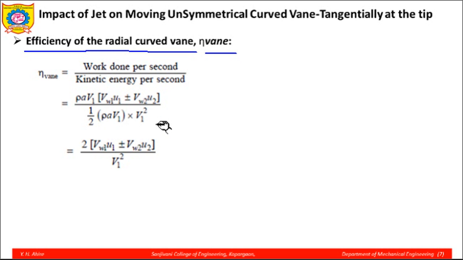So cancel the rho and a from numerator and denominator, also velocities. This is the formula of efficiency of a vane, of a wheel system. That is nothing but 2 into (Vw1 u1 plus or minus Vw2 u2) upon v1 square. You should remember all this logic of derivation so that you can remember the formulae which are required for solving the numericals. Okay, thank you.